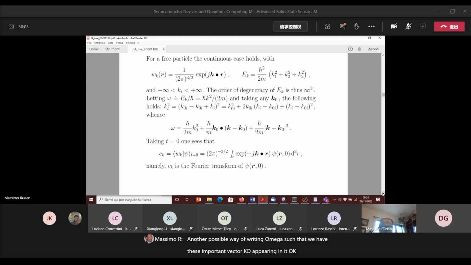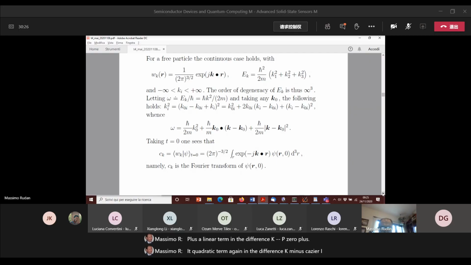Okay, k0 corresponds to the maximum of the wave packet in the k space. Okay, so we have omega equal to a constant plus a linear term in the difference k minus k0 plus a quadratic term again in the difference k minus k0.